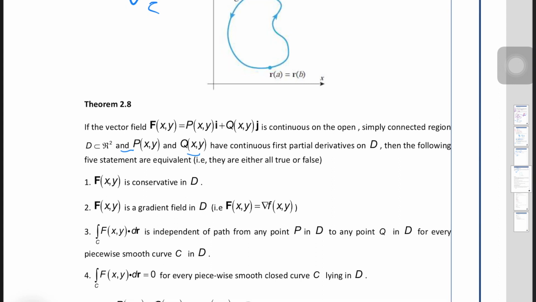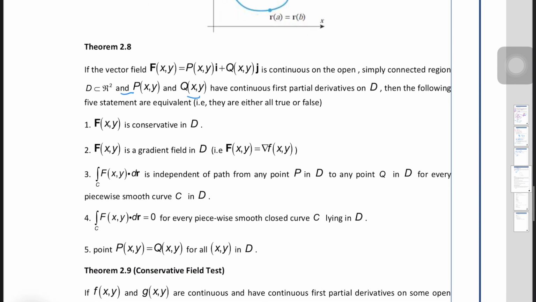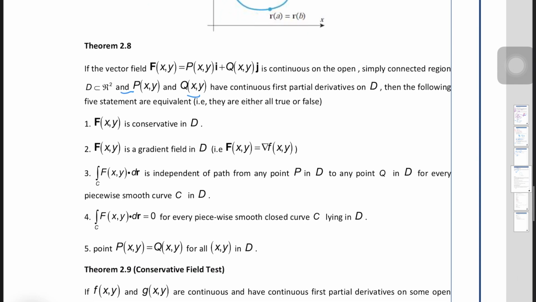Jadi ini adalah 5 statement je, okay, untuk case independent path ni. First, when F(x,y) is conservative, then dia ada gradient field, iaitu F(x,y) equal to gradient f(x,y), di mana f ni adalah potential function. We can find dia punya potential function.